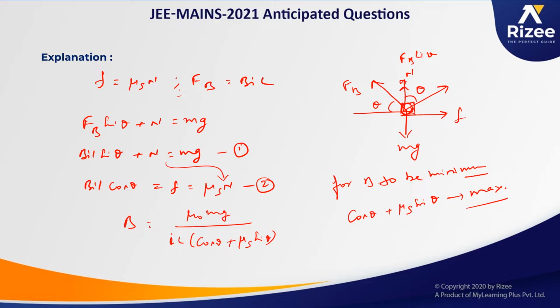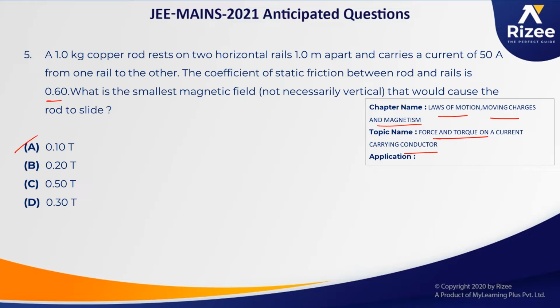So differentiate this with respect to theta, and you will get theta equal to tan inverse of mu s, and the value will be 31 degrees. Substitute in this relation for B minimum and you can find the B minimum value to be 0.10 Tesla. Fine. So that means your option will be the first option in this case.